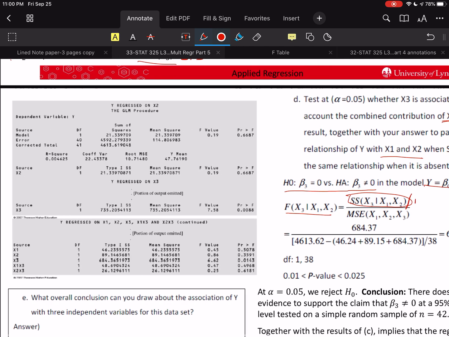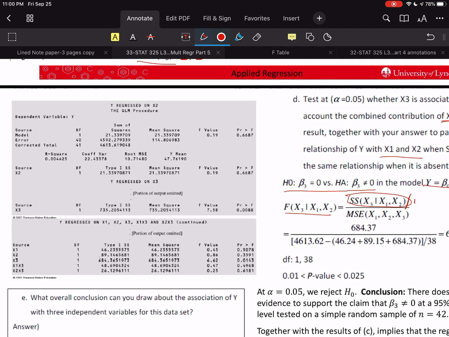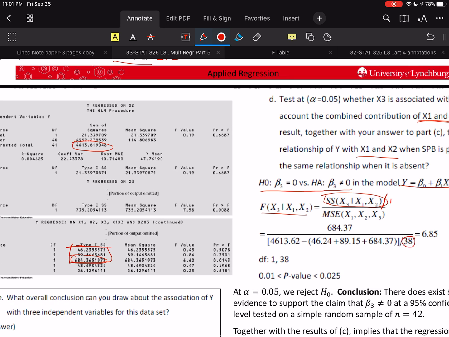So we look at x3 given x1 and x2, because it's type 1 SS, 684, and then we take the total, 4613, and we subtract these three from it. So all three of those, and that's 3 from 41, that's 38.